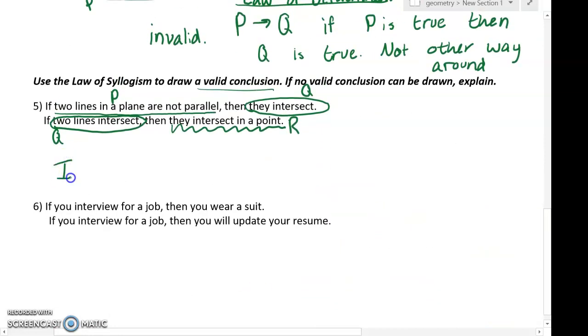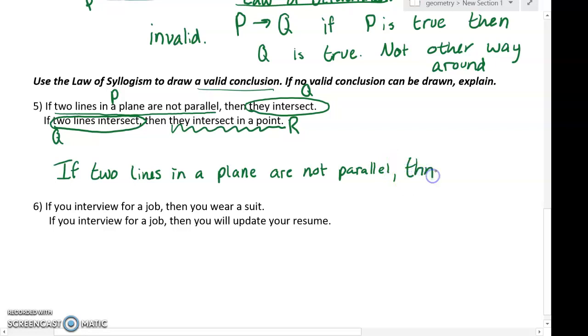So if P, which is 2 lines in a plane are not parallel, then R, which is they intersect at a point. So then they intersect in a point.